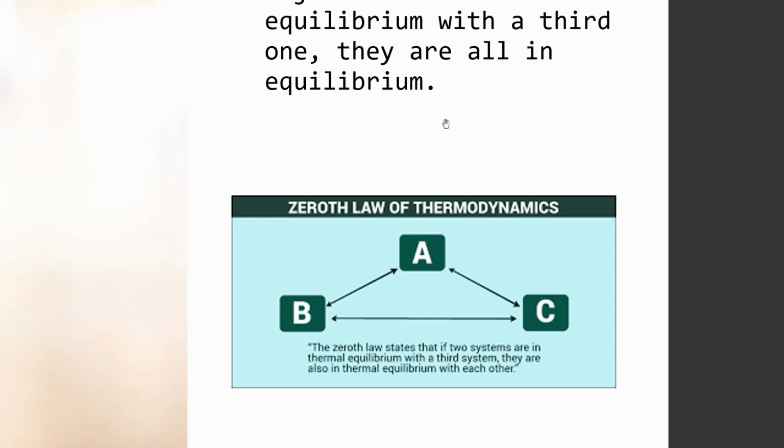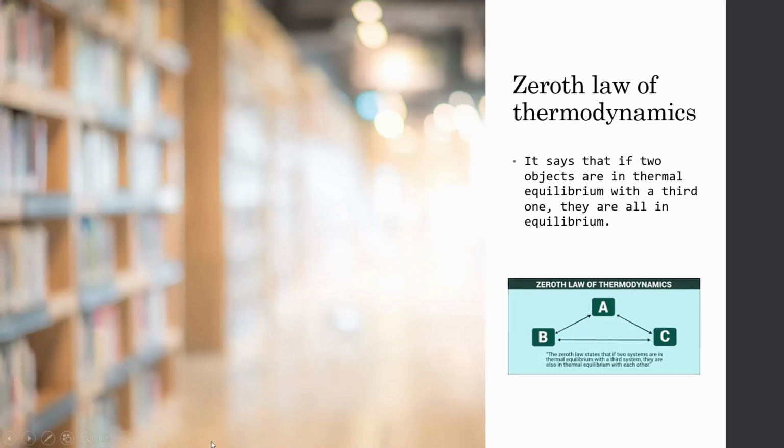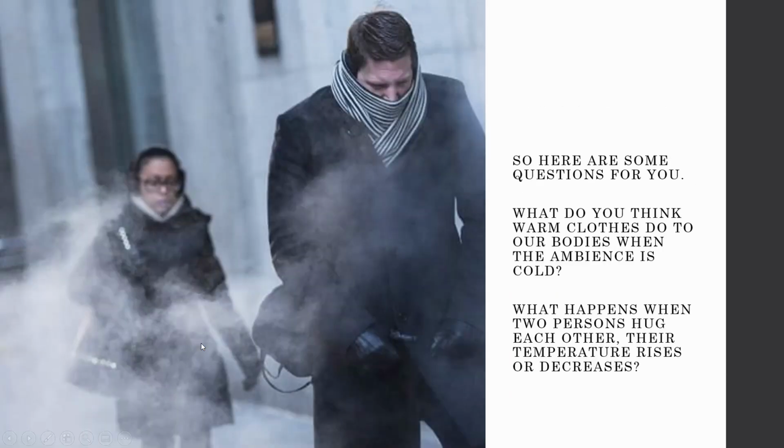It is very simple. These are fancy words, to be honest. Let's go back to this exercise. So imagine that we're hugging another person, and who says that we're in thermal equilibrium?